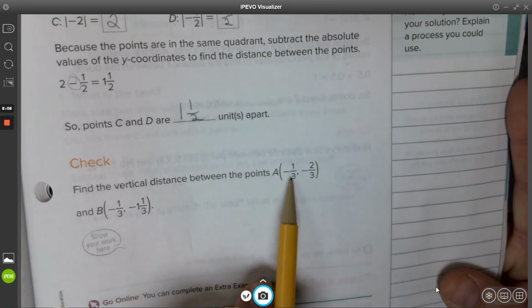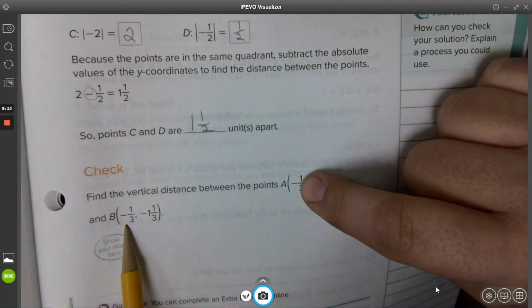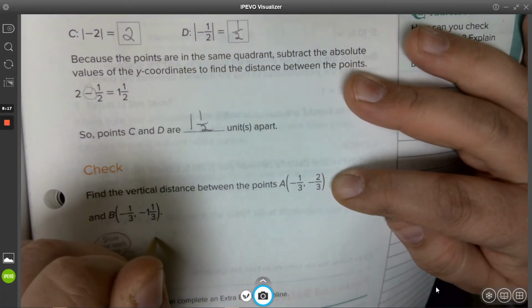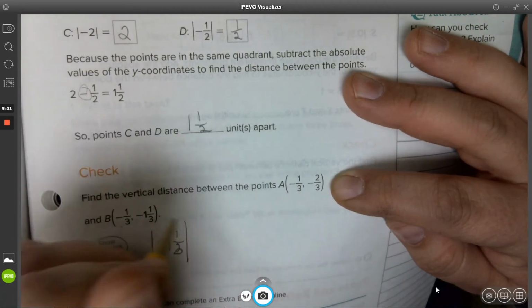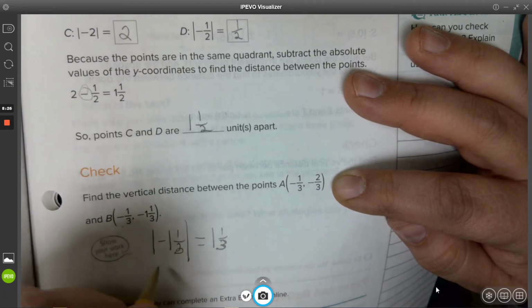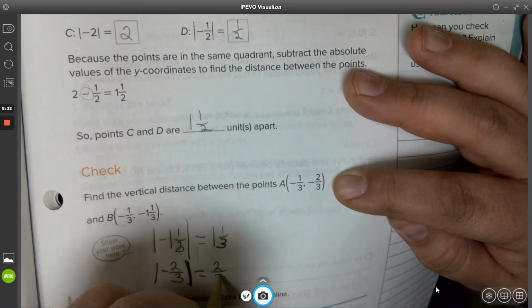Now, once again, we're going to take a look at these two. Here we take a look, the x's are the same, so our y's are what's different. We're going to find the absolute value of -1 and 1/3, which is 1 and 1/3. Absolute value of -2/3 is 2/3.